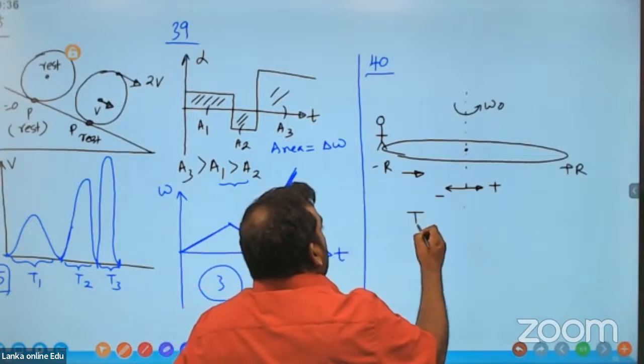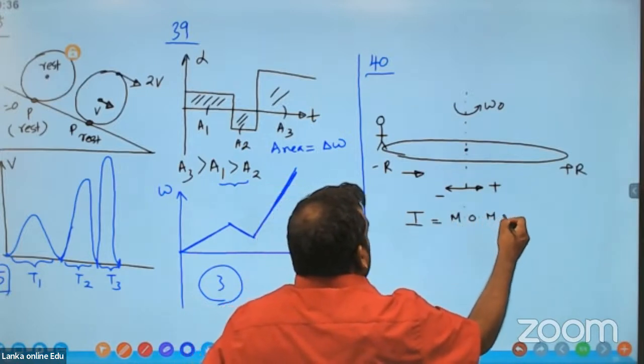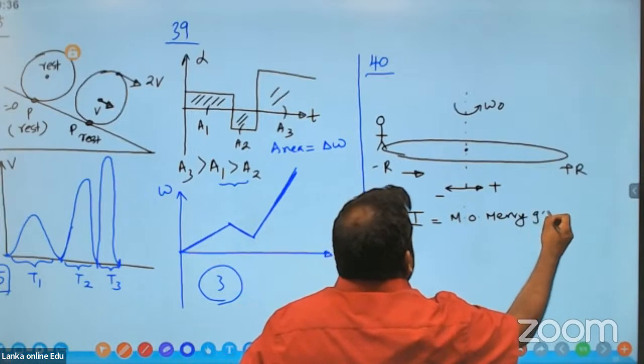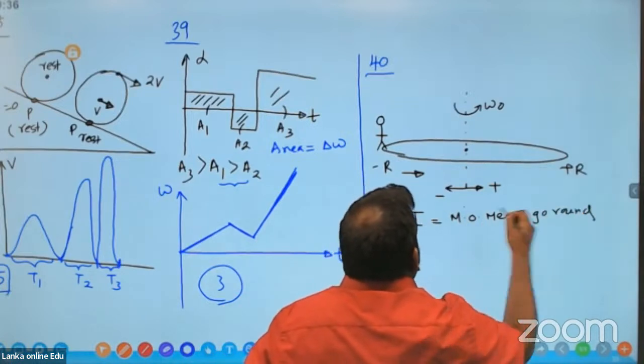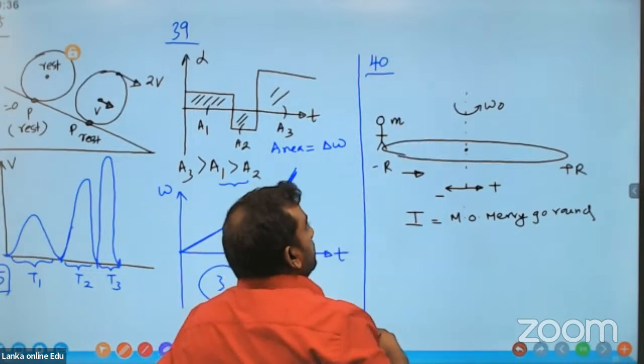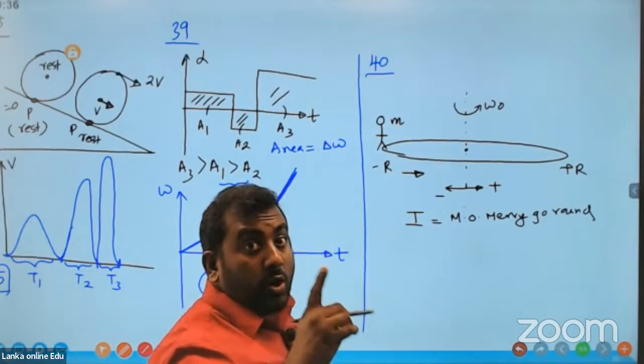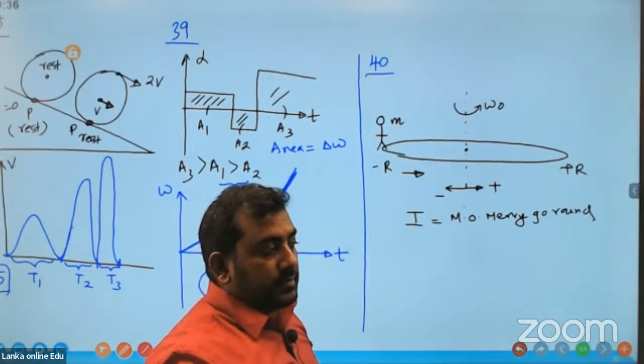Moment of inertia of the merry-go-round, I'll take as I. When the child is moving, there is no torque acting along the axis of rotation.